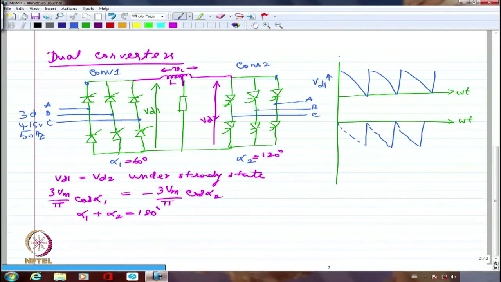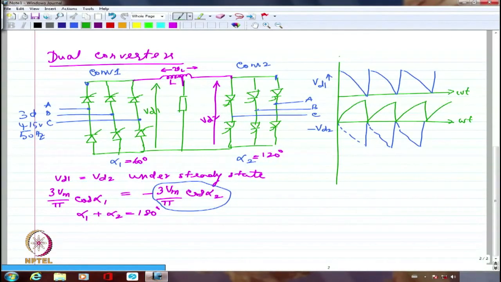So the entire thing looks as though the whole thing is negative. So this actually corresponds to what is 3 Vm by pi cos alpha 2 without a minus sign. So this is essentially minus VD2 waveform. So if I try to draw the actual VD2 waveform, I have to just invert that. It is as though in CRO you put a 180 degree shift. That's it. So it is going to look somewhat like this. This is how it will be.